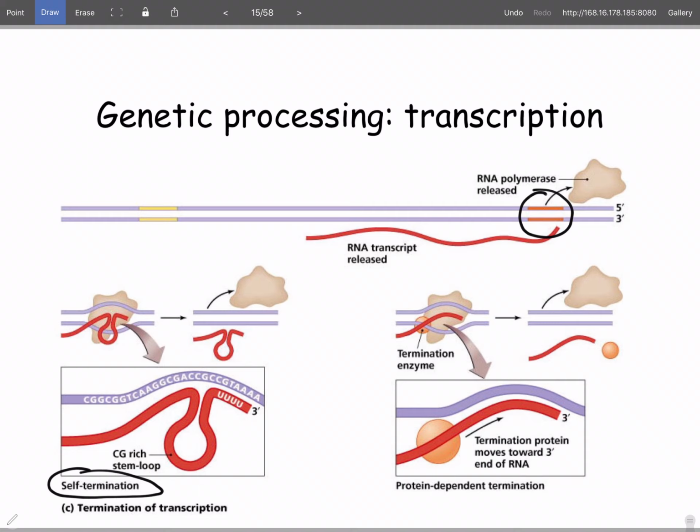Is there 3? There's 2, okay? So there's 3 between GC pairs, and there's 2 between AT pairs. So which ones are more stable? GC. So if you've got GC pairs, they're held together more tightly.